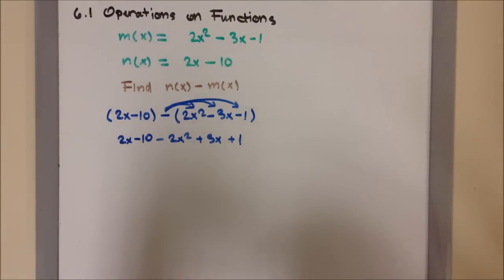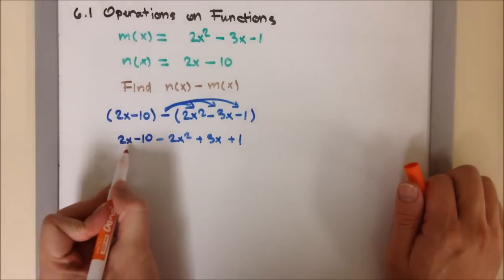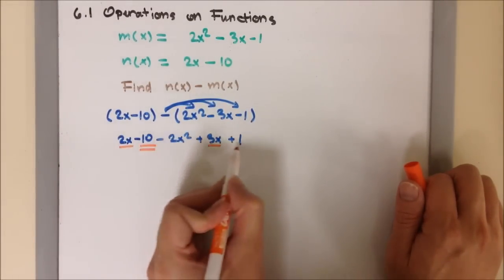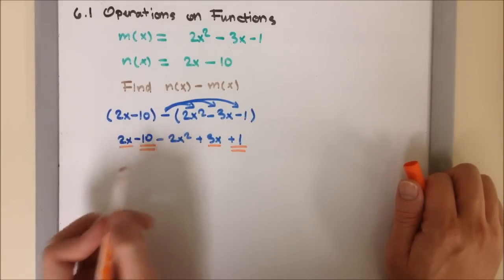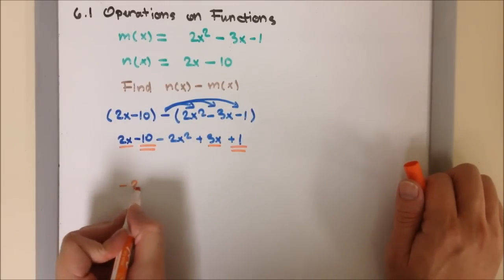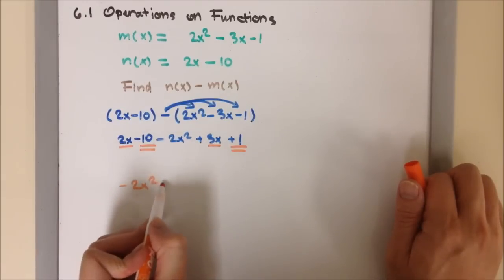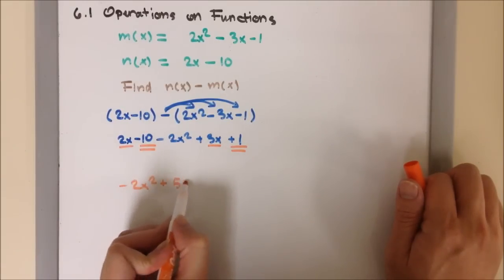Alright, so what I'm going to do is combine like terms. So I can combine my x's together, and then I'm going to combine my numbers together. So first is going to be negative 2x squared. I'm going to combine 2x with 3x, so that's going to be positive 5x.